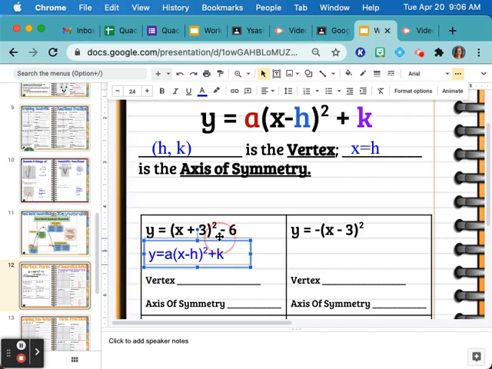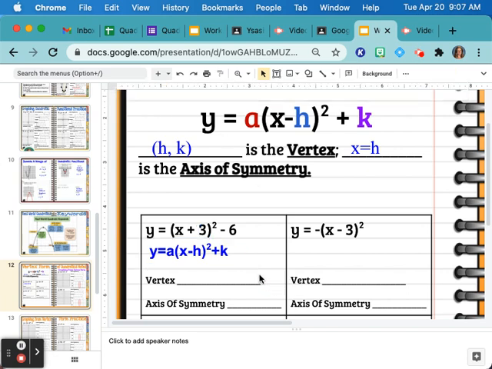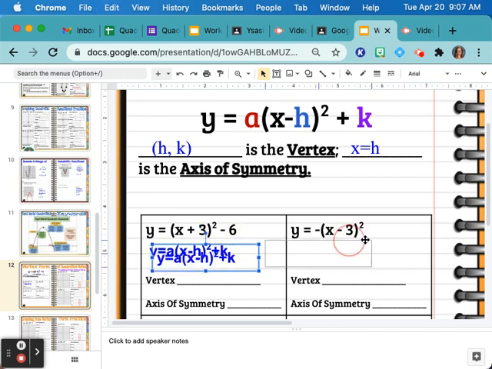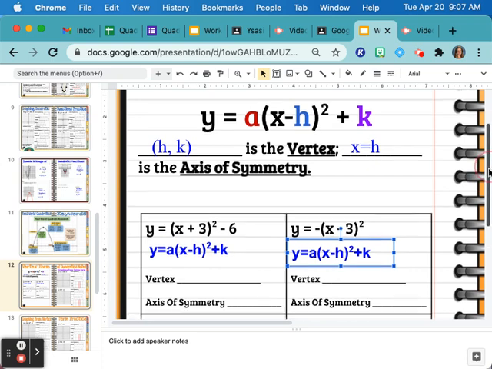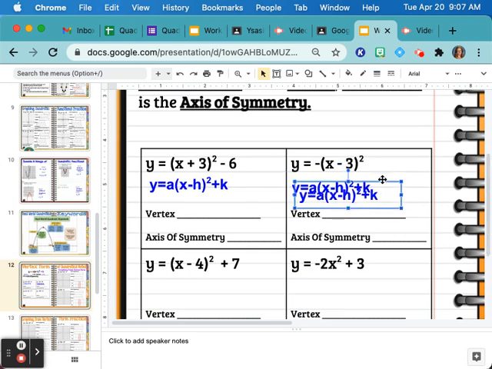I want you to copy and paste this to each one of these four examples.